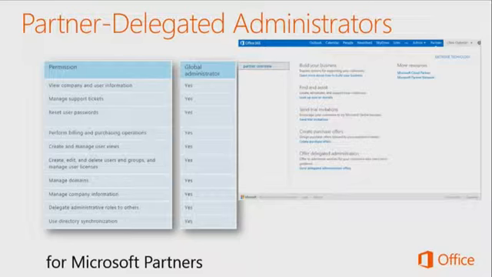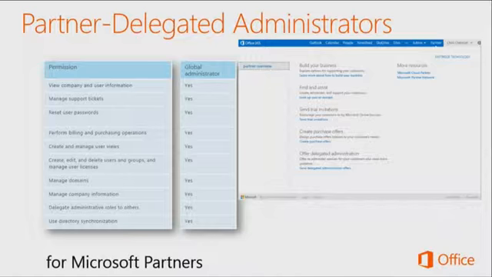Partner delegated administrator. So this is huge. This is how we help all of our clients with Office 365. So what can we do? Once a customer has delegated us to have access to their tenant, from our login, we can update their tenant. So we can go in, change usernames, change passwords. We can perform billing and purchasing operations.